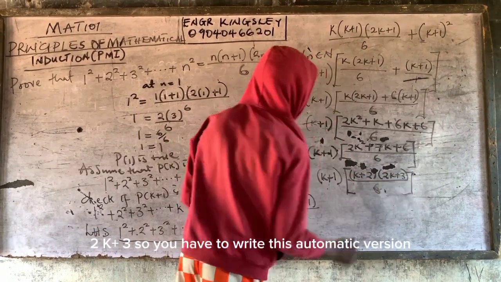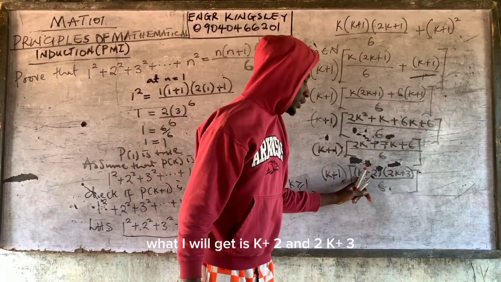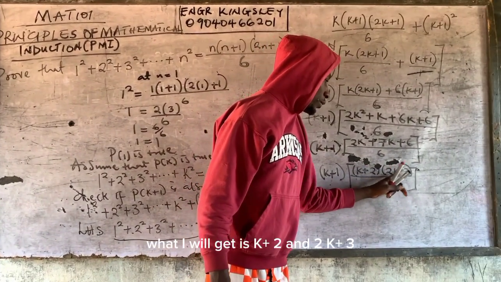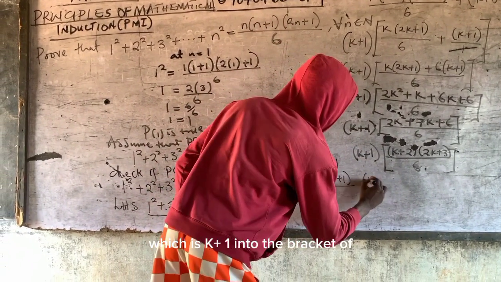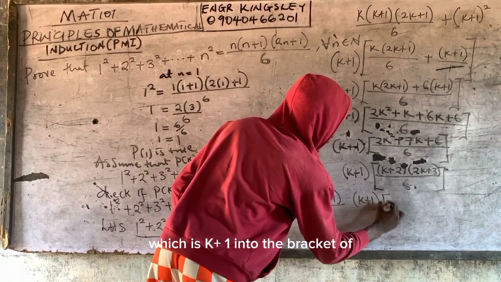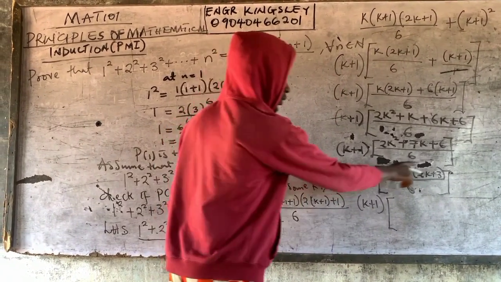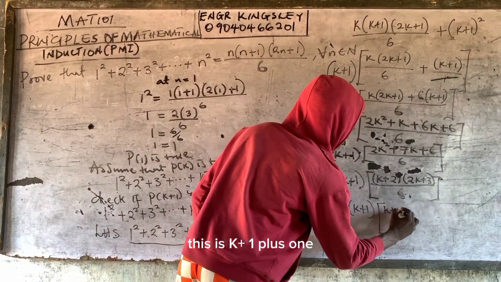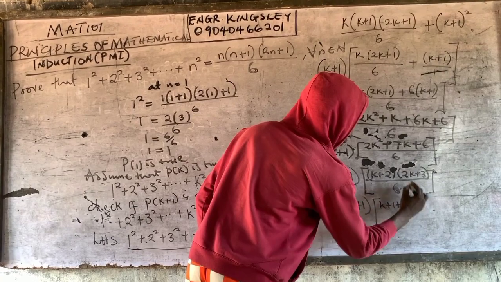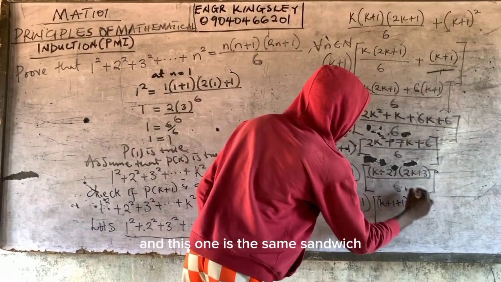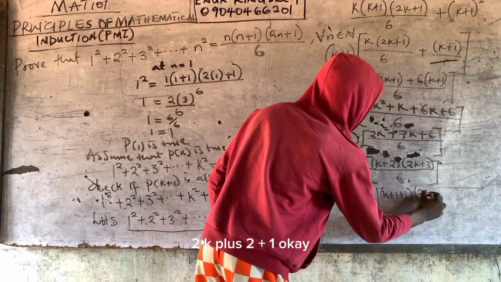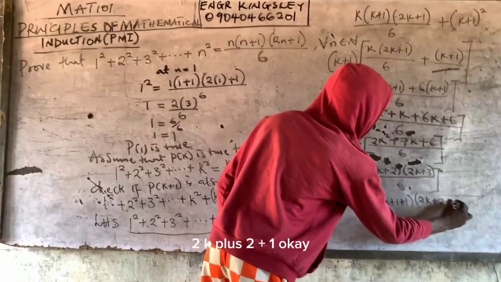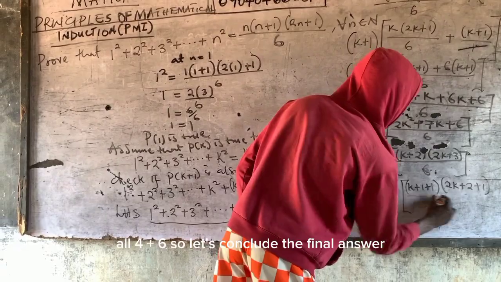So if I factorize this quadratic equation, what I will get is k plus 2 and 2k plus 3. So finally, what we'll be concluding with is k plus 1 into the bracket of this is k plus 1 plus 1, and this one is the same thing with 2k plus 2 plus 1, okay, all over 6.